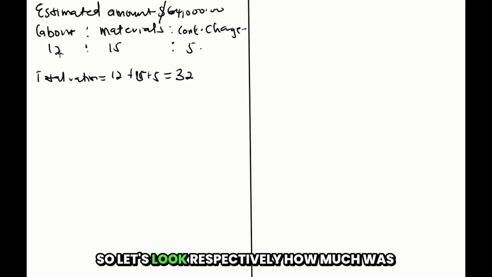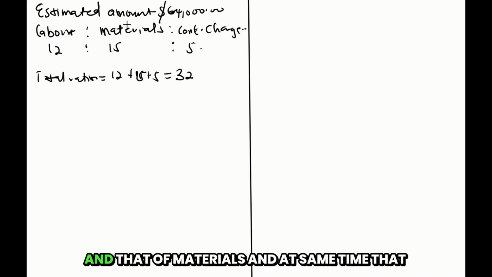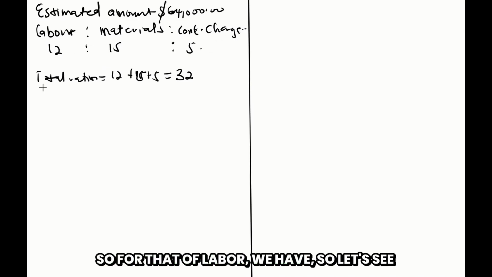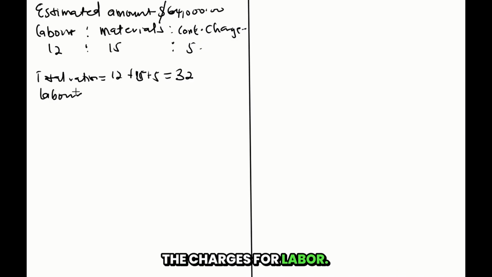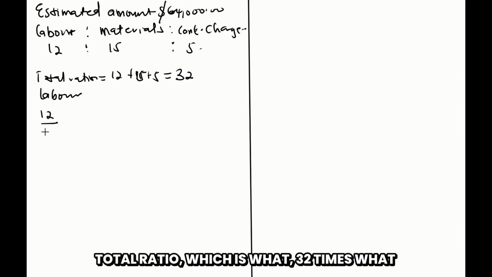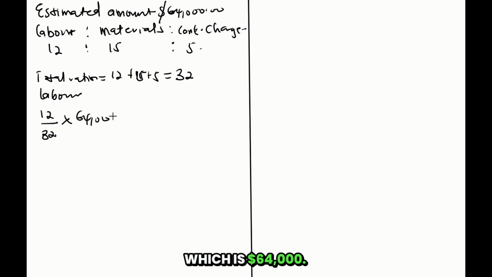So let's look respectively at how much was apportioned or estimated for labor, materials, and at the same time contractors' charges. For labor, we have 12 over the total ratio, which is 32, times the total estimated amount, which is 64,000.